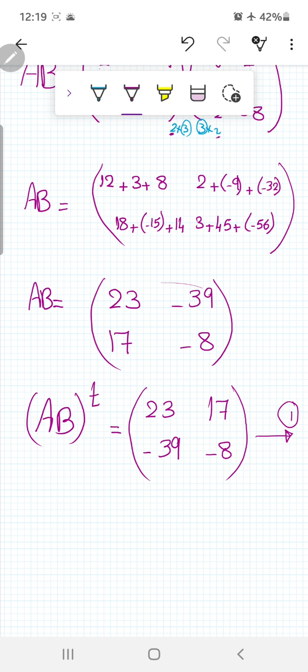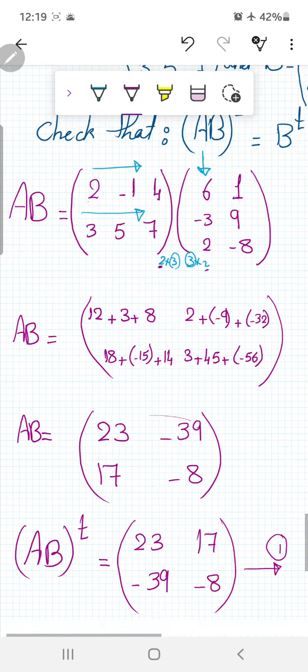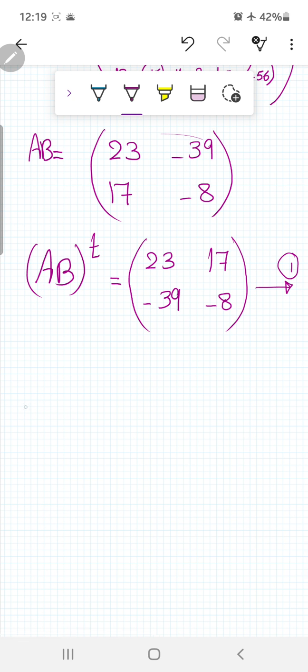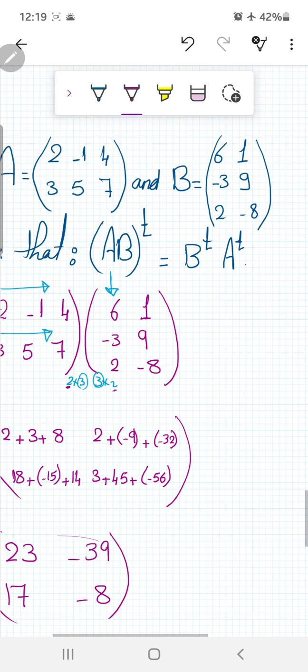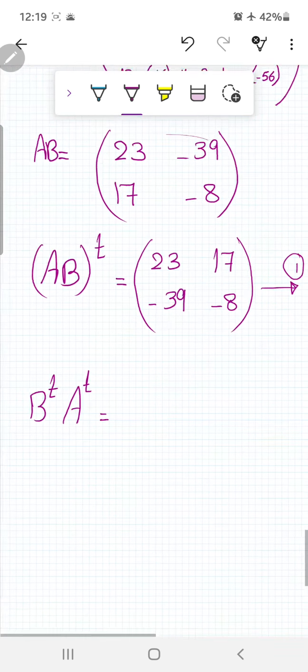What about the right hand side, which is B transpose A transpose? B transpose: here we have B is [6, 1; negative 3, 9; 2, negative 8].